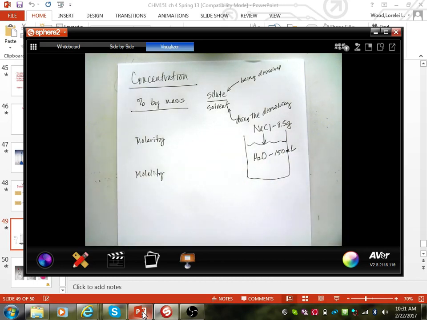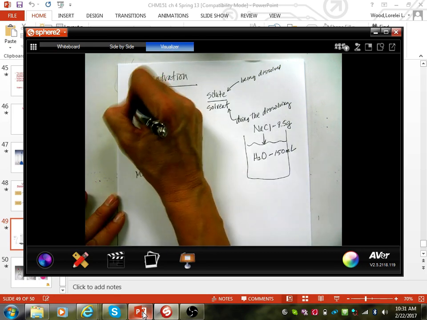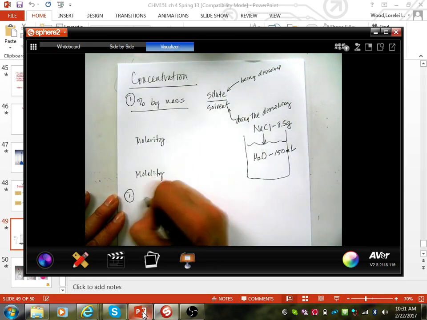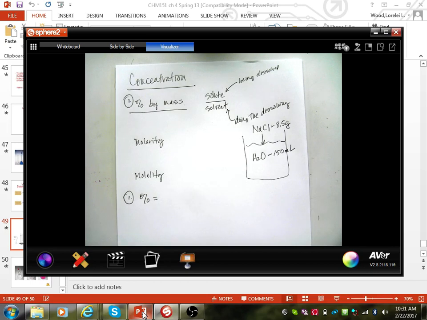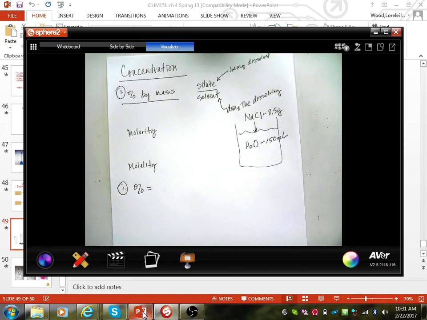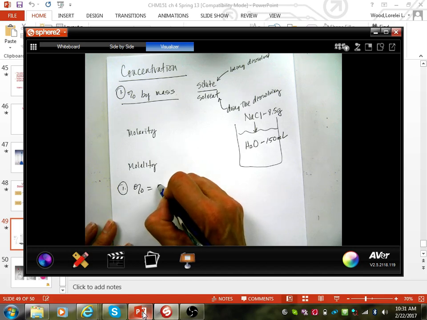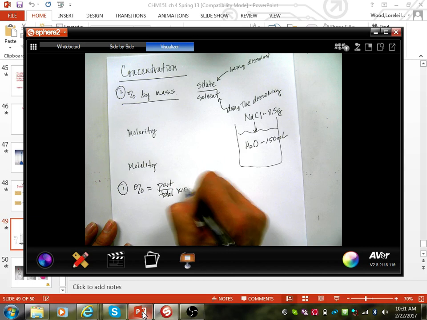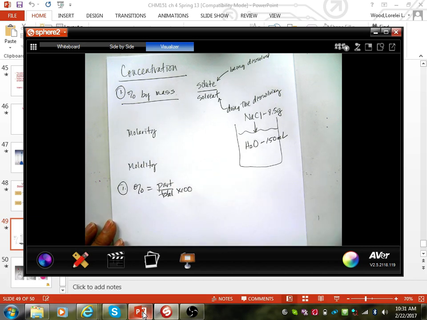All right. Let's start first with percent by mass. Percent is something that chemists like to use a lot. What is the basic formula for percent? Part over total, right, times 100, since it's a percent. So that's the basic idea of all percentages. And chemists love to use percentages because it's much more descriptive.